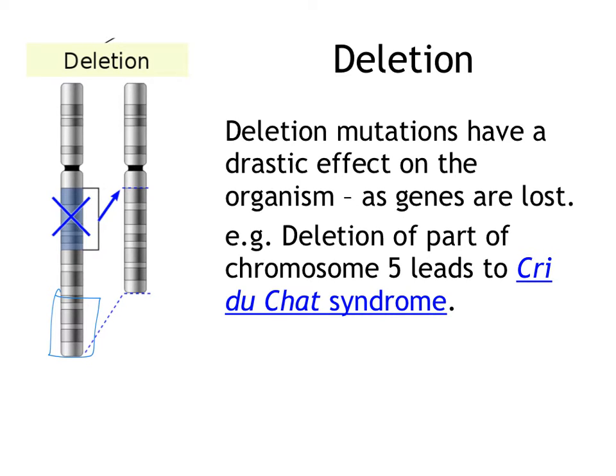An example of a deletion mutation is one where part of chromosome 5 is missing, and that leads to a syndrome called Cri-du-Chat, my French isn't that great, meaning the cry of a cat, because a child that has got this condition cries as if it's like a cat, and you can always look that up on the internet and you can hear the cry.